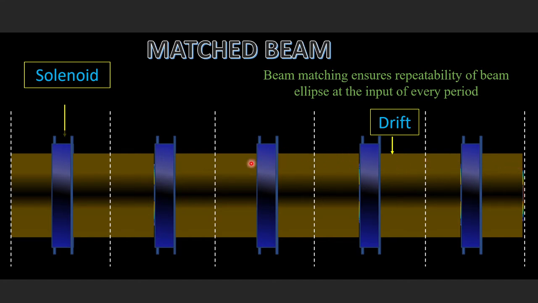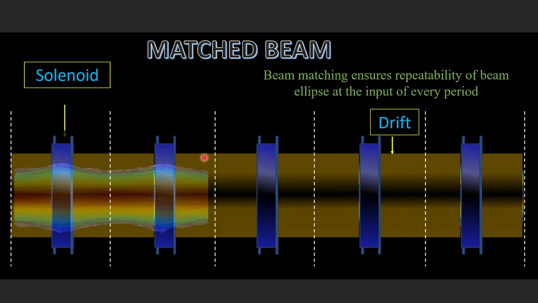If we calculate the input matched parameter for this lattice, and we rotate the phase space of the beam such that it satisfies the input matched parameter at the input of my lattice, then you will observe that the beam will be periodic with respect to these periods.